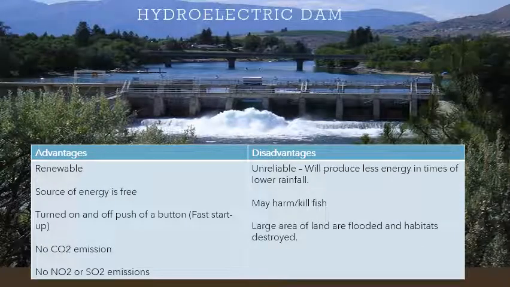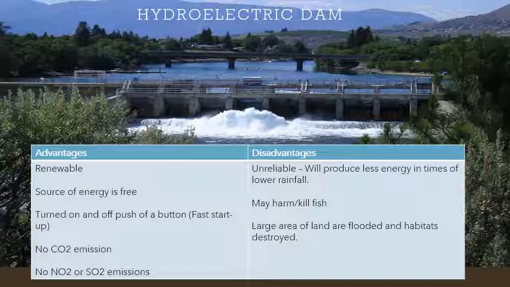A hydroelectric dam is a large dam with a large man-made lake behind it, and this allows us to control the flow of water so we can release the water when we need to. And this means that we can, at the click of a button, allow the water to flow and create energy straight away.